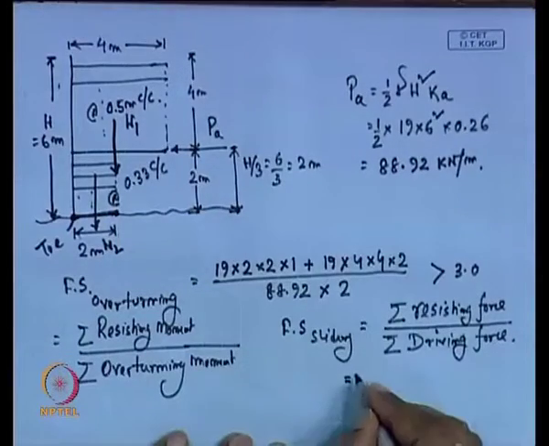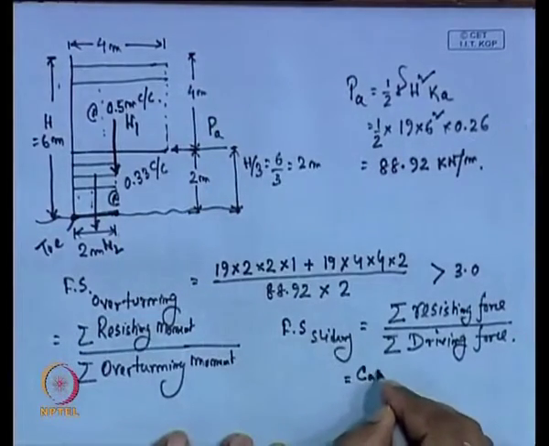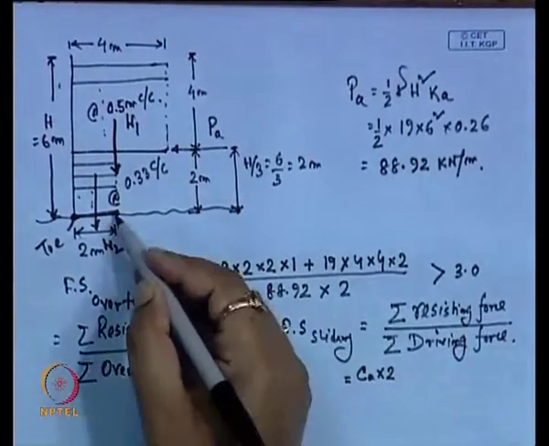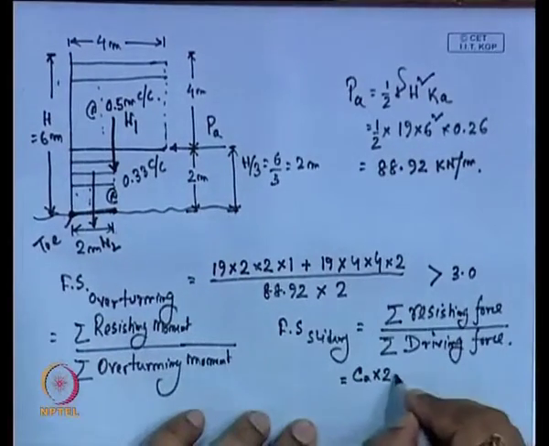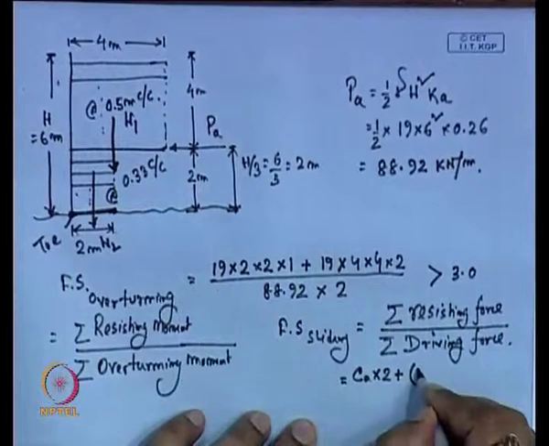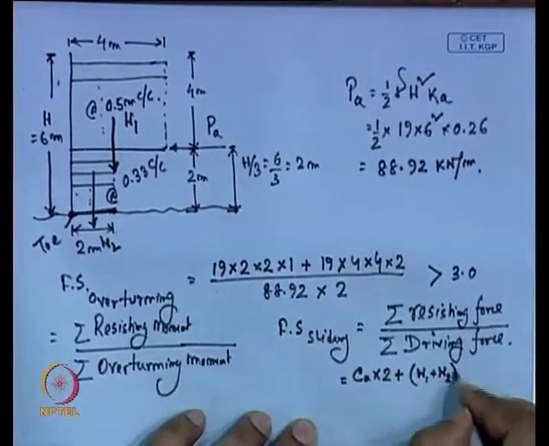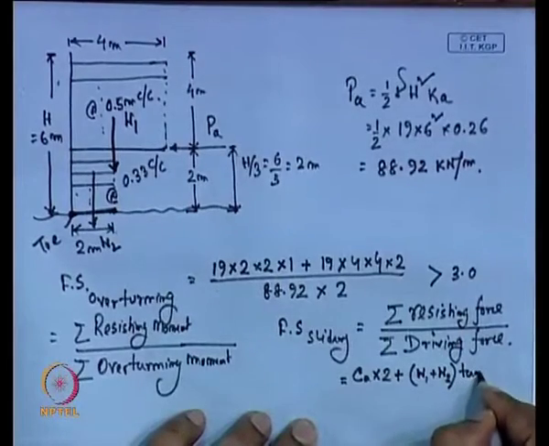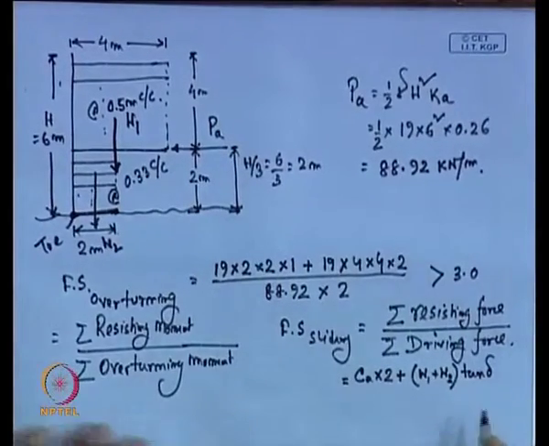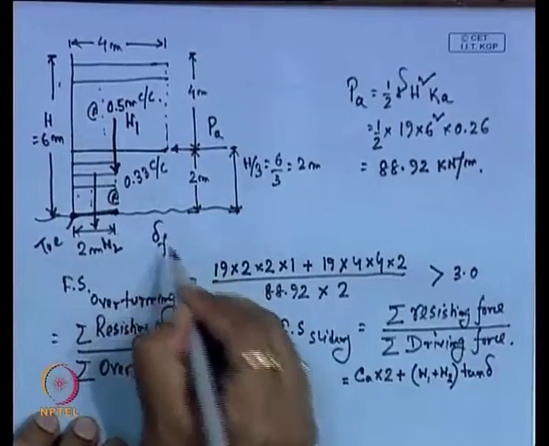So, now the C_a into 2 times the length here, plus W1 plus W2, that is the weight, into tan delta. Delta of what? Here delta of the foundation soil you have to consider.